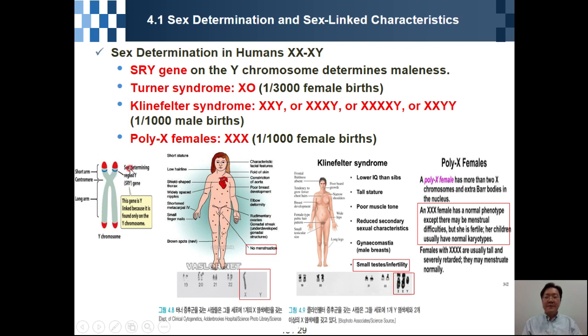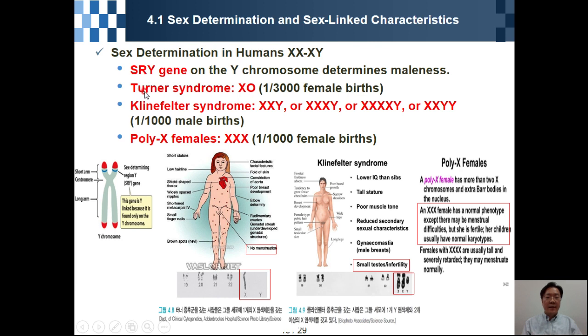This is the sex determining gene. How do we know that the Y chromosome, especially the SRY gene, is very important in the determination of maleness? We can see the importance of the Y chromosome based on some syndromes.